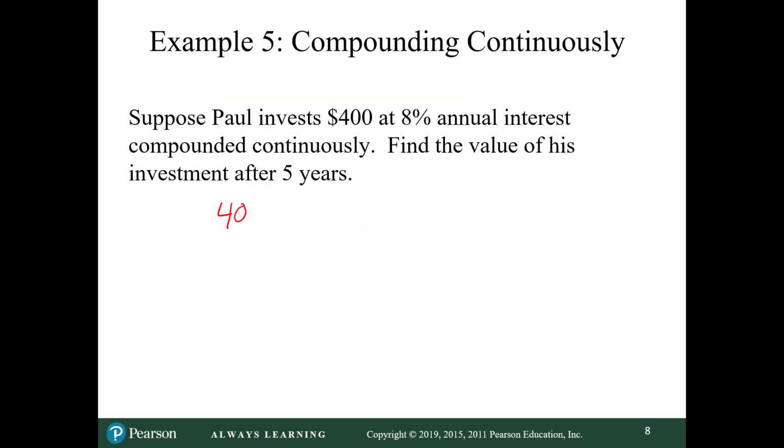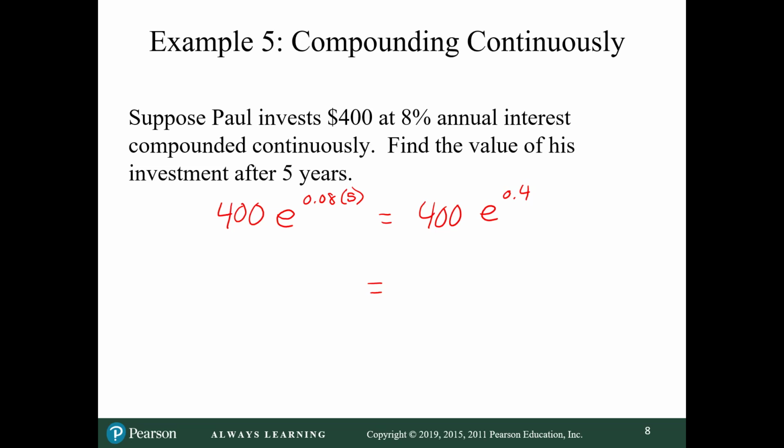So we take the $400 times e to the 0.08 times 5, or 400 times e to the 0.4 power. If you do that, it's not that much more money, but it's a little bit more money. How much money is that?